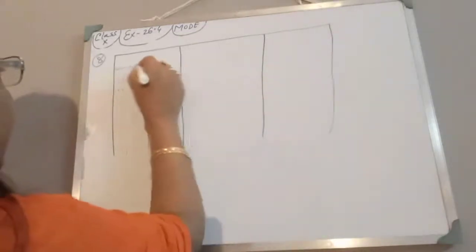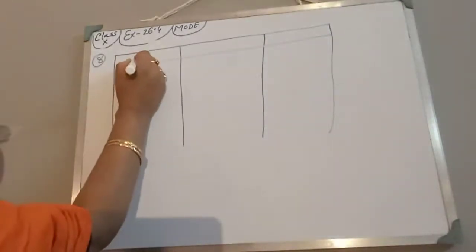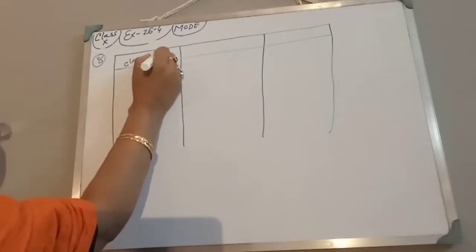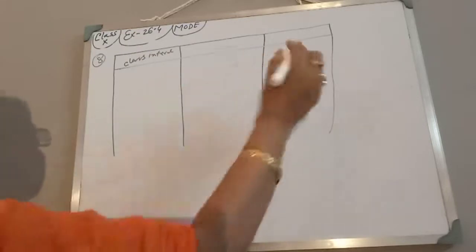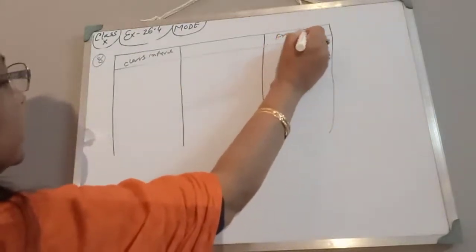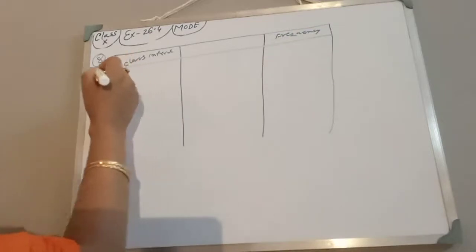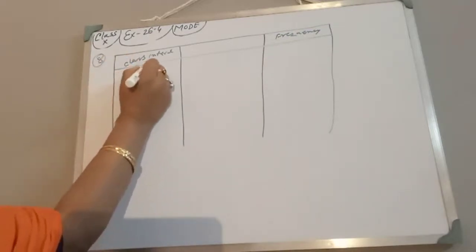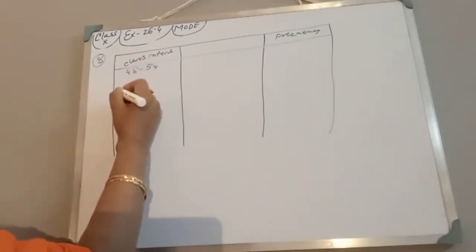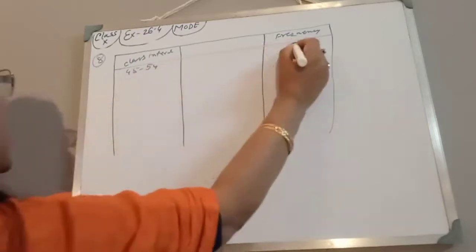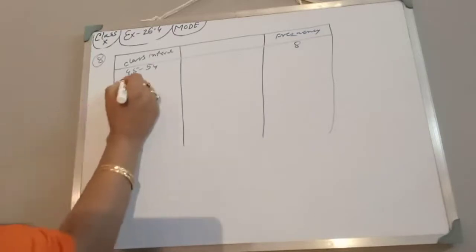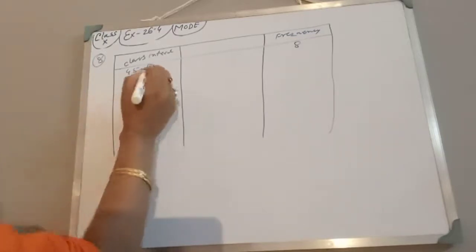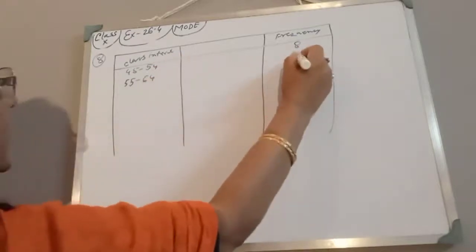Here we have to make 3 columns. Why? Telling you. Now class interval, that is given to us, and the frequency also given to us. Let us write the frequency here. What is class interval? 45 to 54, and frequency is 8. Now 55 to 64, frequency 13.